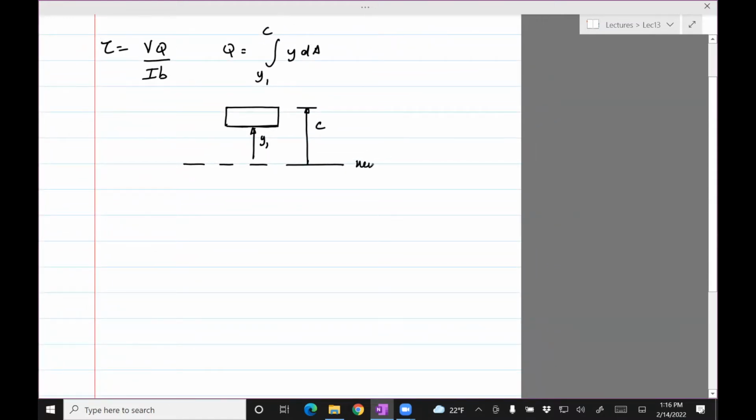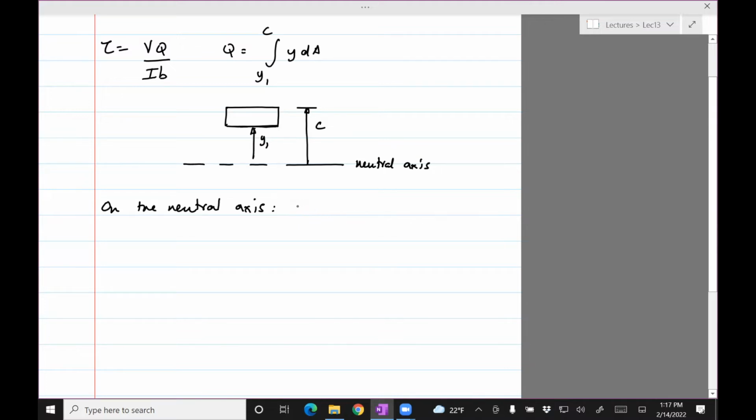Okay, so this is the neutral axis. On the neutral axis, you can see that y1 equals c, right? And so Q, sorry, my bad.